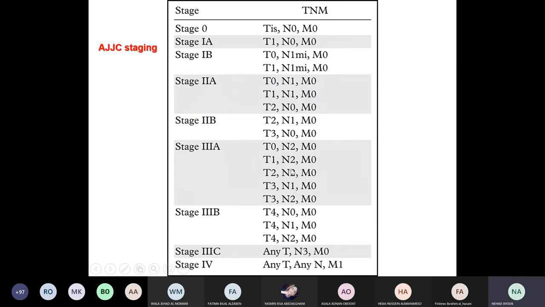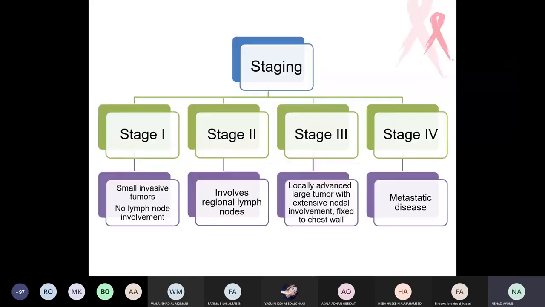In stages 2 and 3, many lymph nodes are usually involved. So going back to staging, stage 1 and stage 2 we generally call early local disease, stage 3 is advanced local disease, and stage 4 is metastatic or advanced disease.